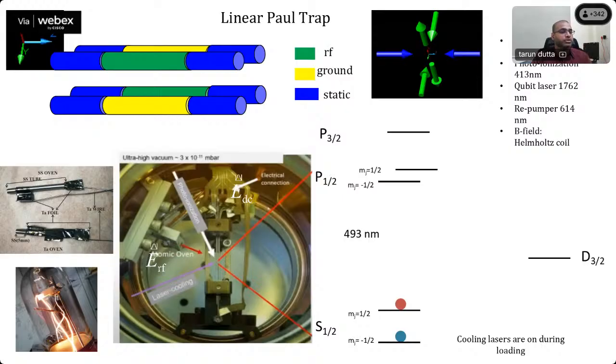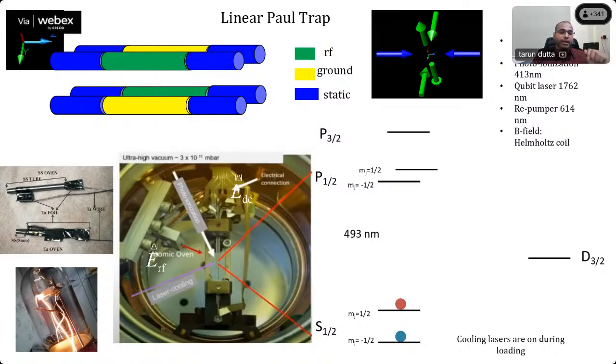You put the barium inside the tube, and those tubes have a source and ground so that current can flow from one side and the oven can be heated up. That heating will be resistive heating, and those ovens are fixed inside the vacuum chamber. You can see it over here.